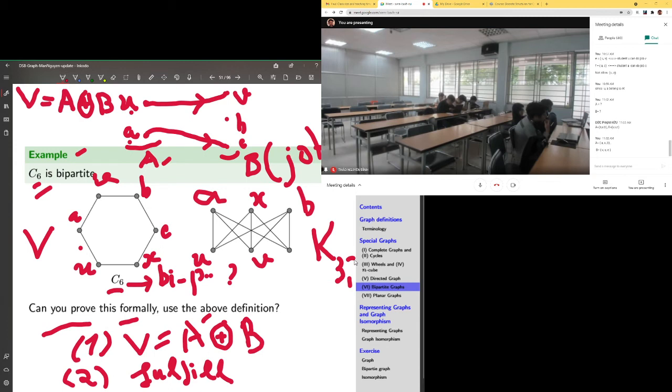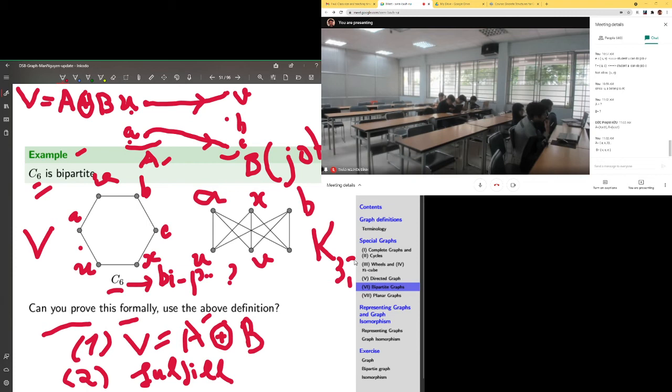So this is the vertex C5. You see? The X here connects to U and C, but the X does not connect to V. So you don't have this one. No, you don't have. So that means the second one here must be disconnected.